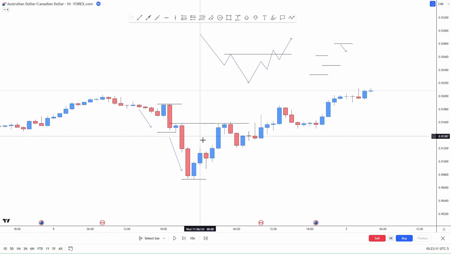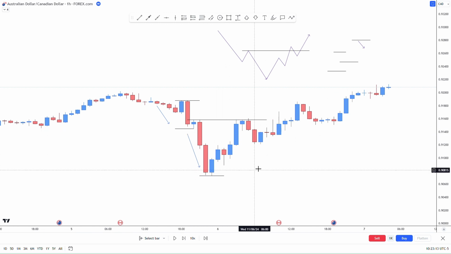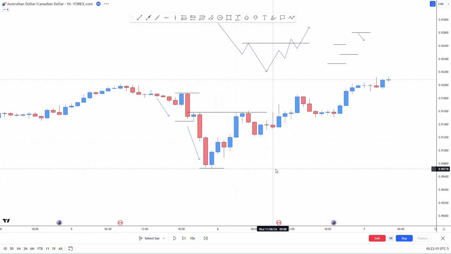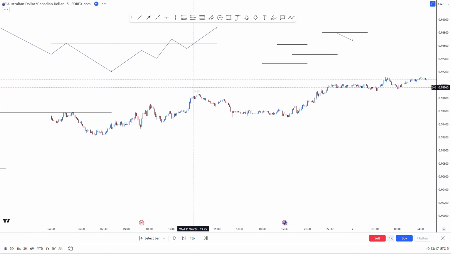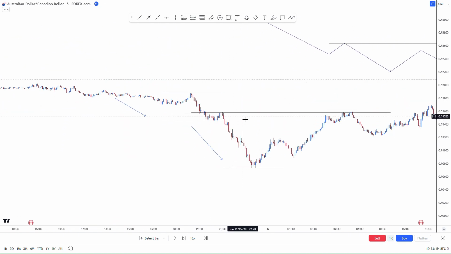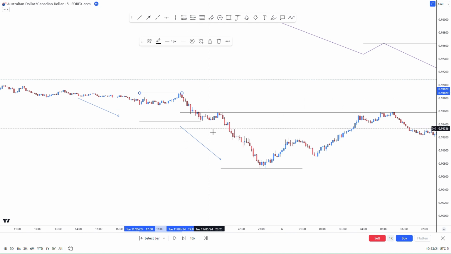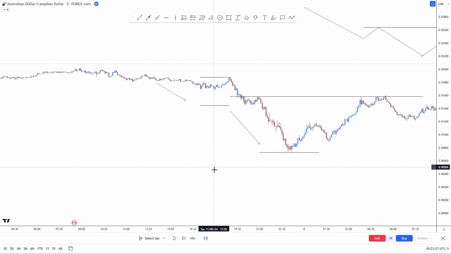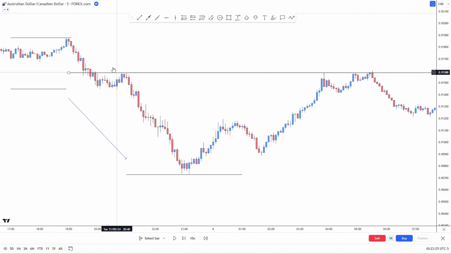Okay, so now again, we'll go down to the 5-minute chart real quick, because if we're looking at the structure here, we're saying price is moving bearish in this structure, this area, the zone, the range, whatever.